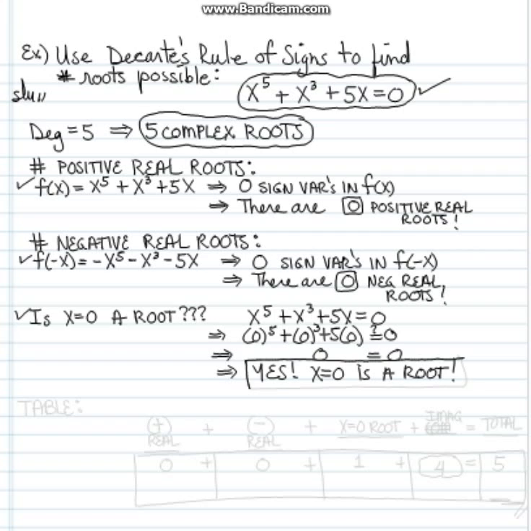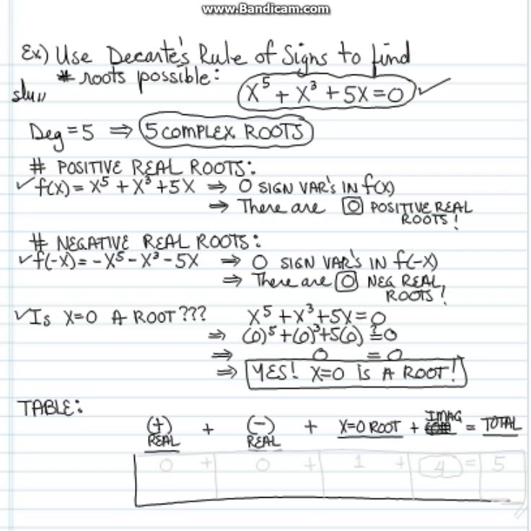So we're going to have an extended table. It's not going to be just like we did in class where we had positive real roots, then we added negative real roots. Now we're going to add the possibility of x equals 0 itself as a root, which would be one more real root. And then we're going to add the number of imaginary roots, and that should total the entire 5 complex roots.